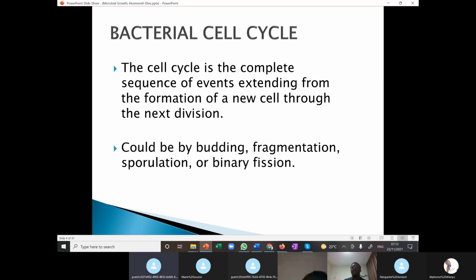Most filamentous bacteria will either increase in size, that is cell number, by budding, where an outgrowth occurs on the main mother cell, and then develops into a new cell.